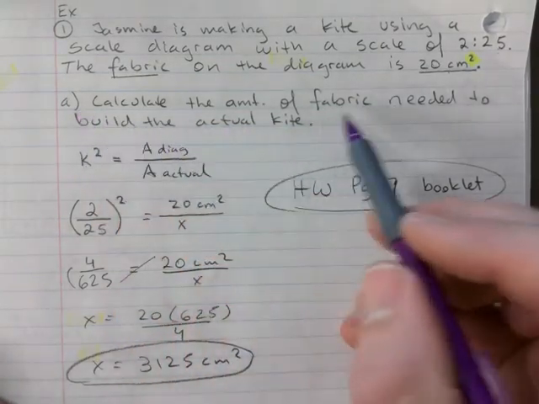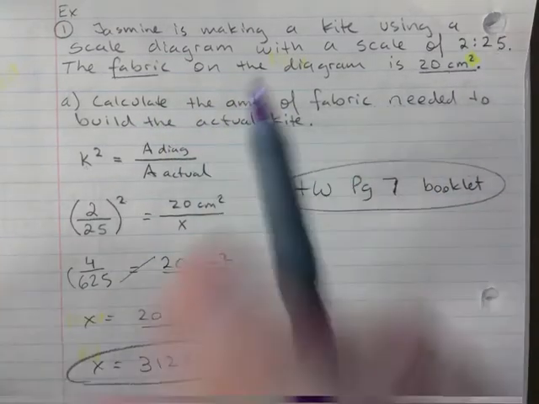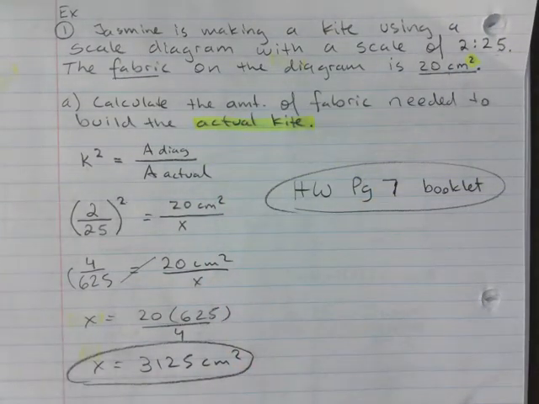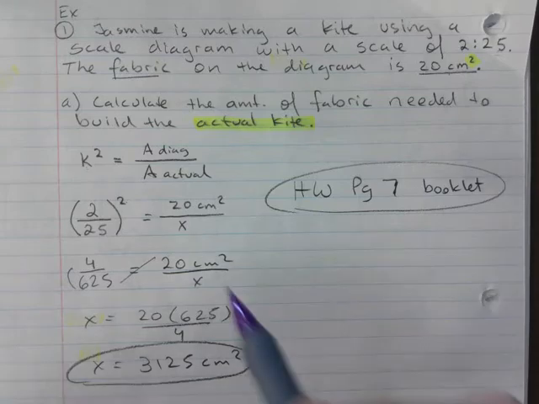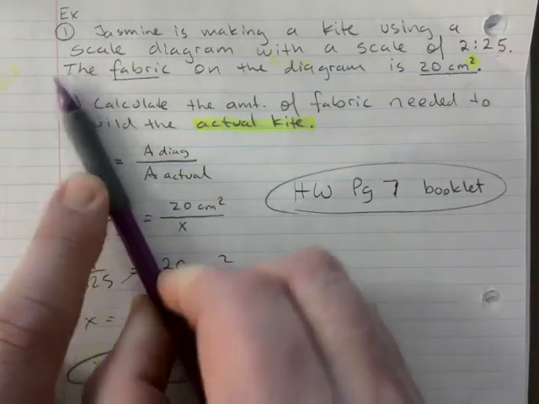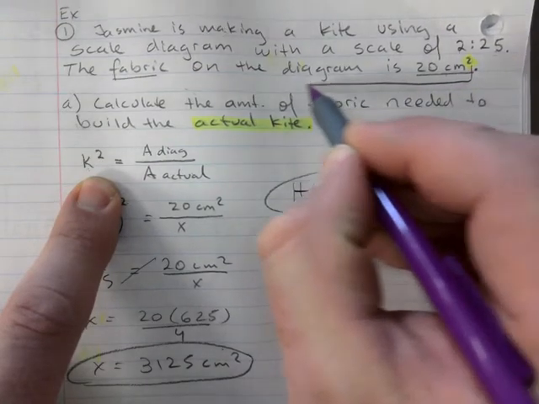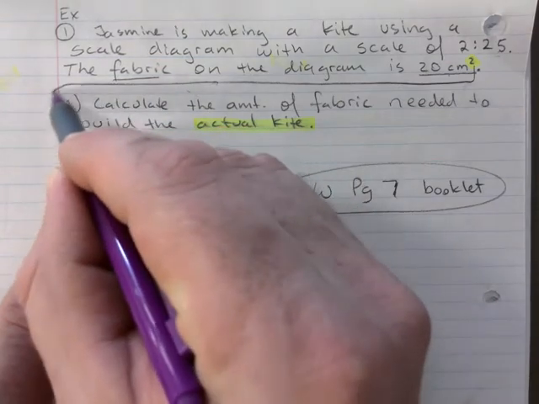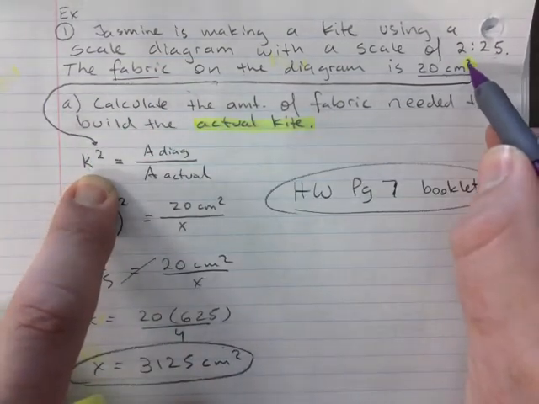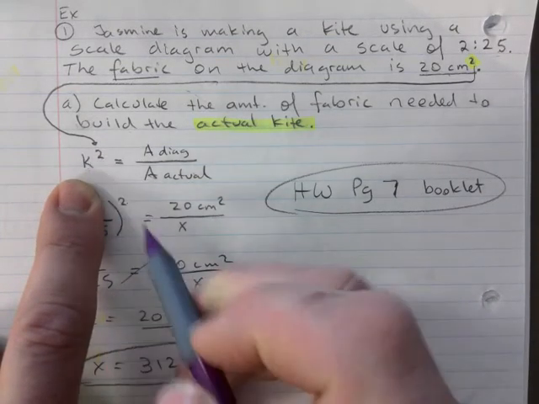So A, calculate the amount of fabric needed to build the actual kite. So they want the actual fabric used in this case. So not only will you write down k, but maybe in our notes I'll make an arrow, because we're talking square units, I know that my scale factor is affected by k squared.